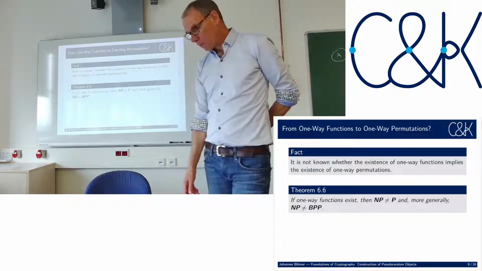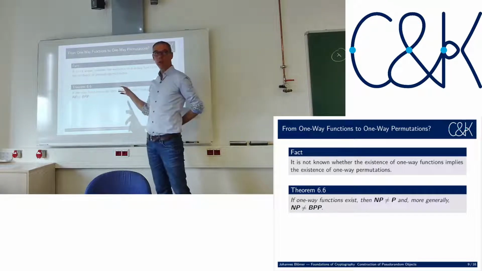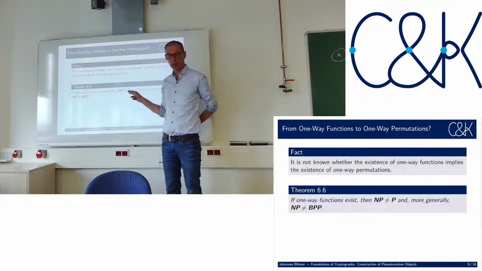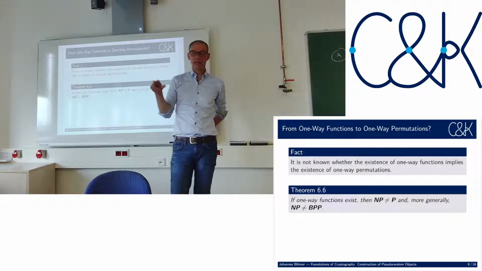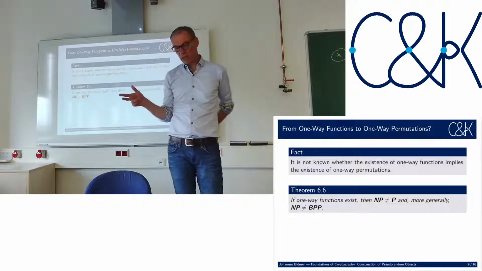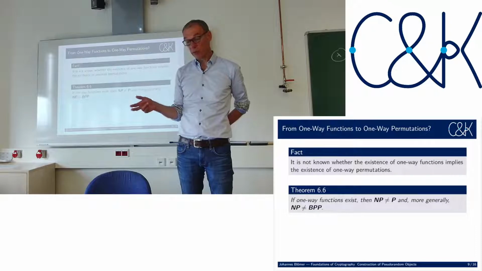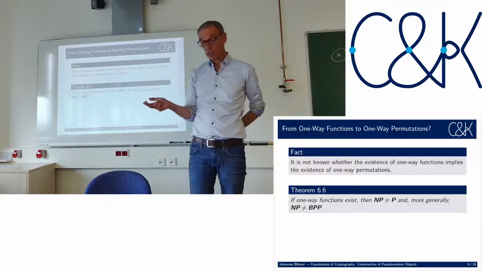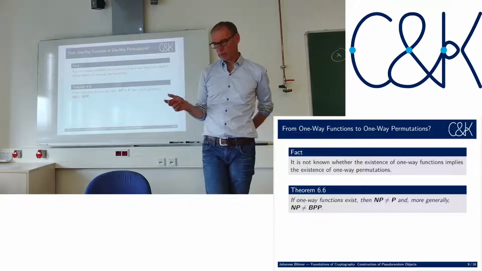But NP not equal to P is not sufficient to prove that one-way functions exist. For that, you need something somewhat stronger. You can modify this assumption to get something that is necessary and sufficient to construct one-way functions, but I don't think it's quite so interesting.